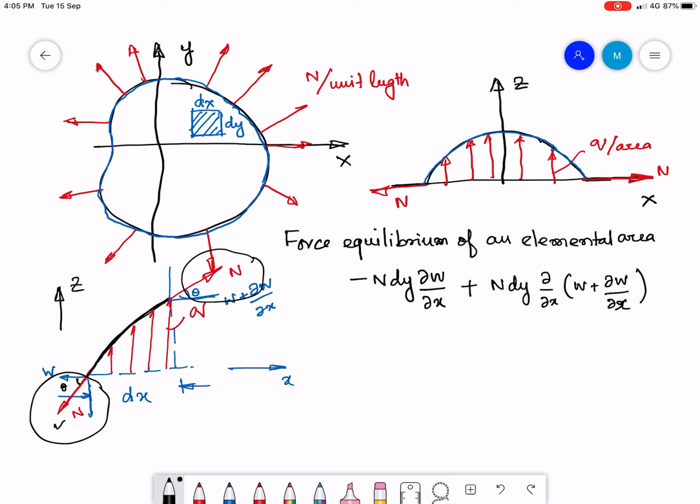Similarly, there would be another set of force that is acting on the length dx. From there also we are going to get a component in the z direction. So, let me write that in this form.